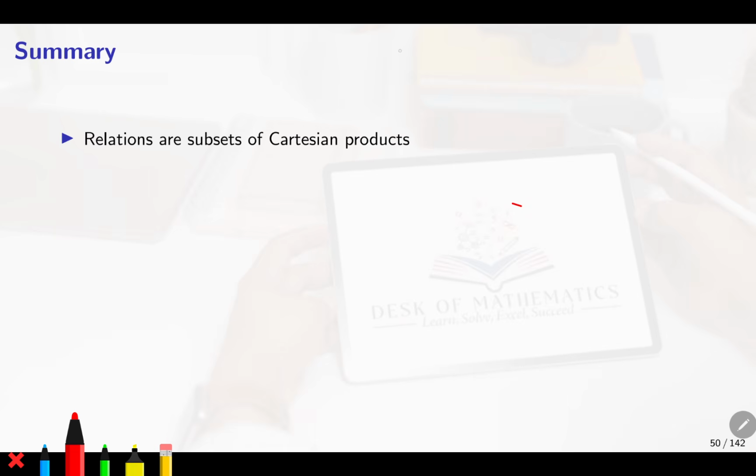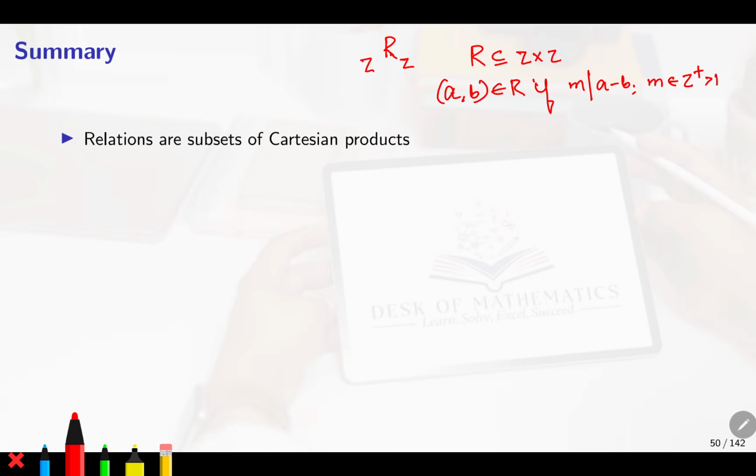They will say we have a relation R defined from the set of integers Z to Z, that means R is a subset of Z cross Z, such that an element a comma b is related in R if m divides a minus b, and m is a positive integer greater than or equal to 1. Now show that this R is an equivalence relation.